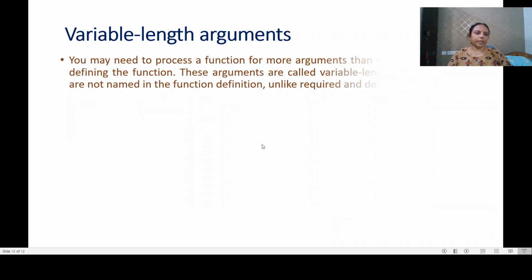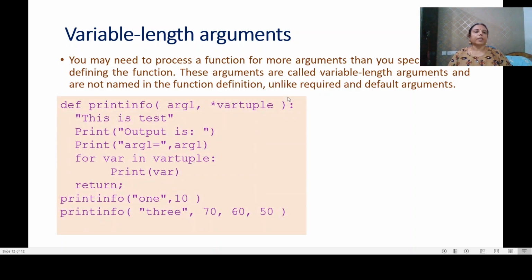Variable length arguments are used when you don't know how many arguments you are going to pass to the function when you write it. These arguments are called variable length arguments, and they are not named in the function definition. How do you use them? See, you can use arg1, comma, and the variable argument should be preceded by a star. After the star, you can give any variable name you want.